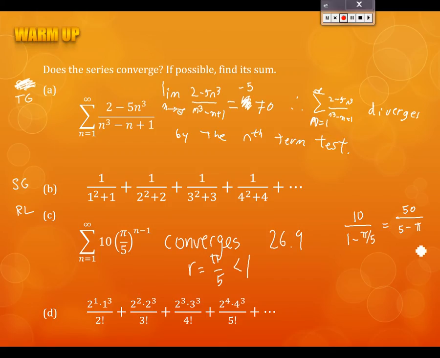Yeah. I forgot how to write the limit for a series. Could you remind? I mean, this is the way you do it right here. Wait, so you don't have to write lim? Well, you could. The place where it would go would be here. You would write the limit as capital M goes to infinity of the sum from n equals 1 to capital M of 10 times pi over 5 to the n minus 1, right?